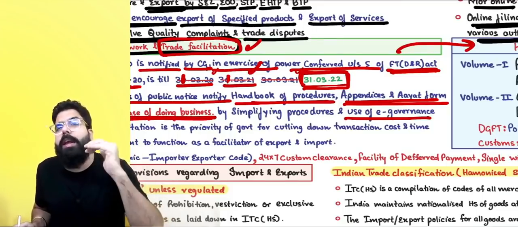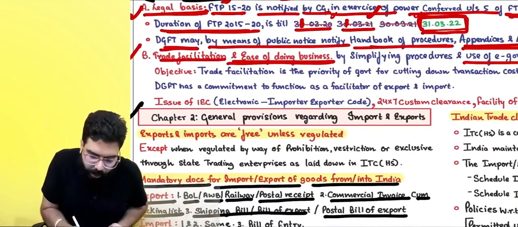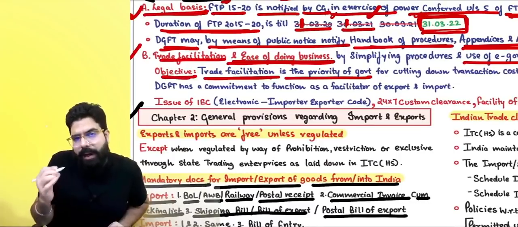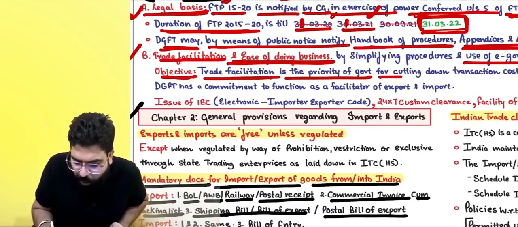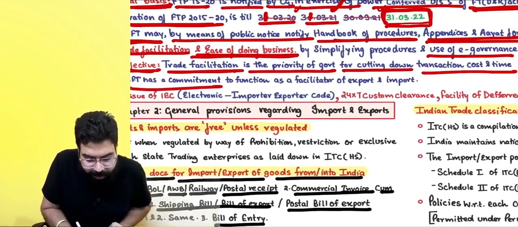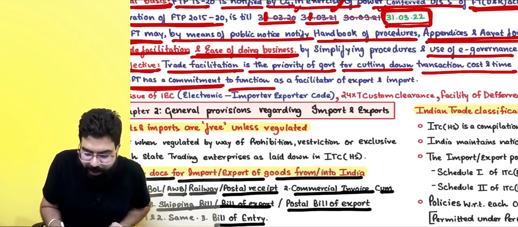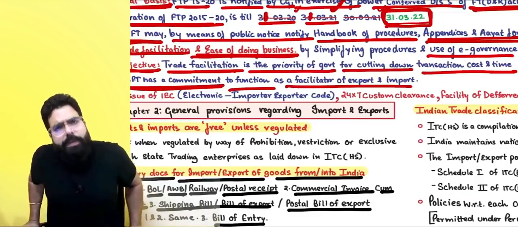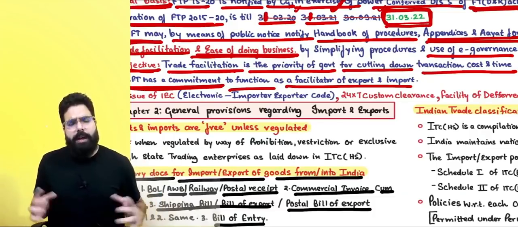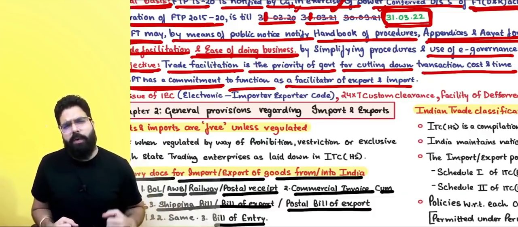We are promoting e-governance. The objective of trade facilitation is the priority of the government by cutting down transaction costs and time. DGFT has committed to function as a facilitator of export and import. Sir, as a facilitator, my commitment is there. I will ease the foreign trade.